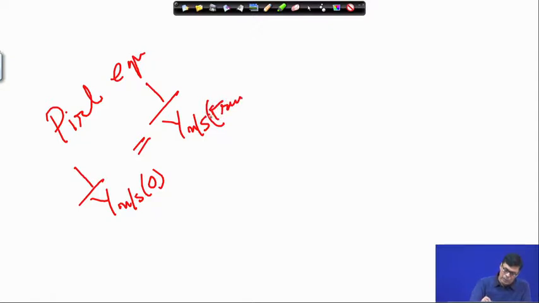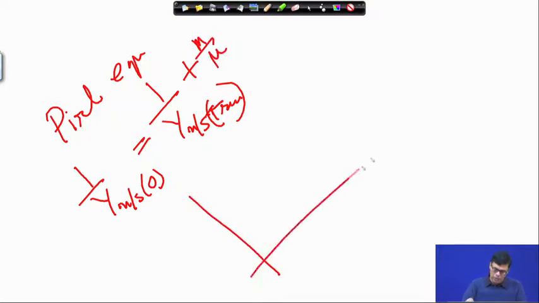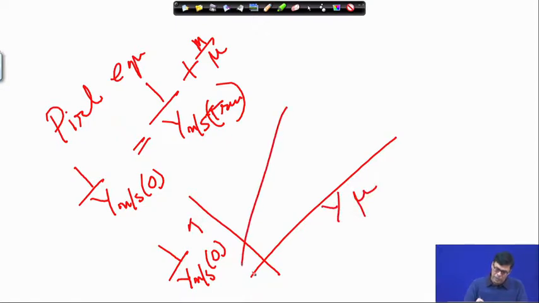plus m by mu. True growth yield means, as I told you, when the substrate is used only for cell mass formation. Am I right? Now, if you plot 1 by Y X by S overall versus 1 by mu, then you will get a straight line.